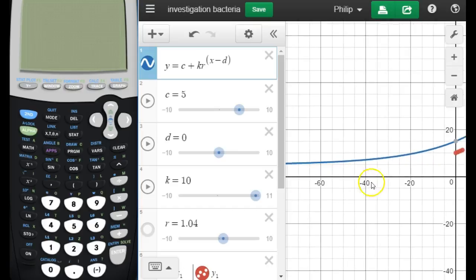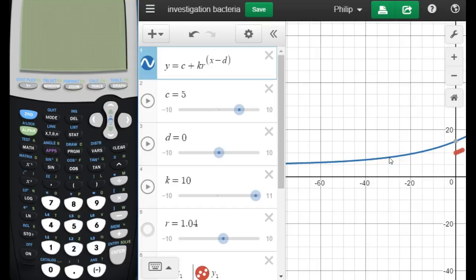And what is the value of the function at x equals negative 30? It is about 8.12. So y equals 8.12 at x equals negative 30. And when C equals 5 and D equals 0, the horizontal asymptote is y equals 5.